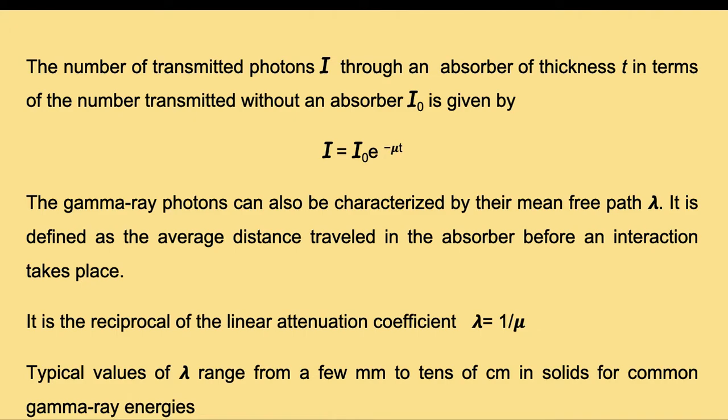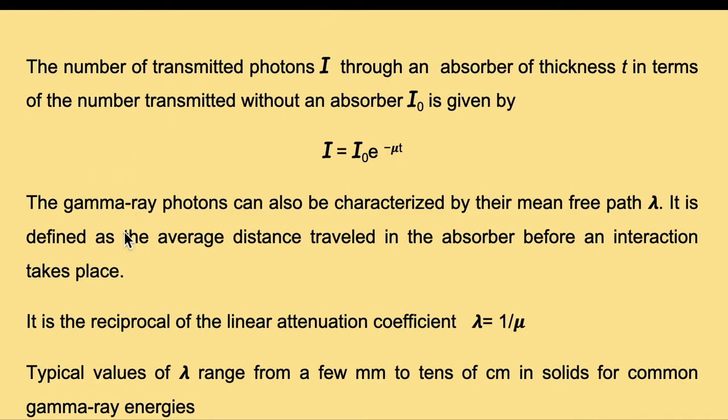That means when absorption probability is high, the mean free path will be less. And if the absorption is less, that gamma ray can travel more distance without any absorption. That means its scattering length, or its mean free path lambda, will be large.